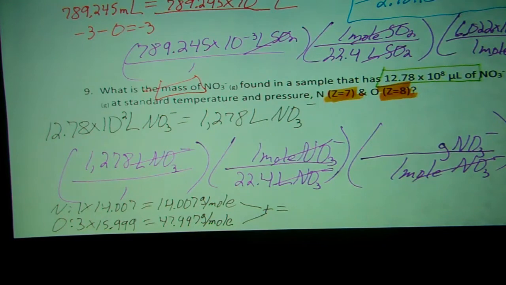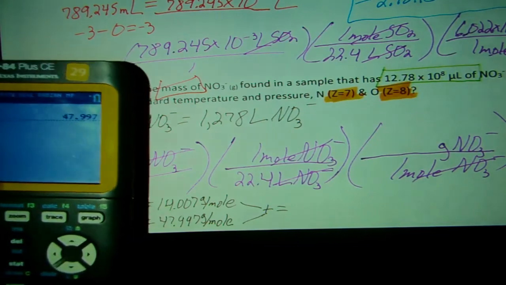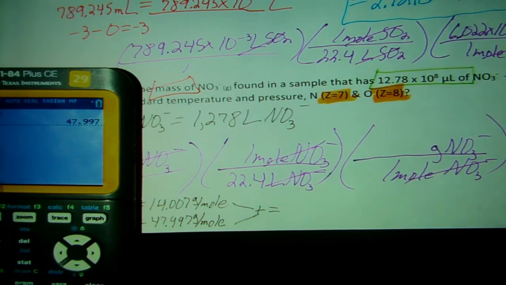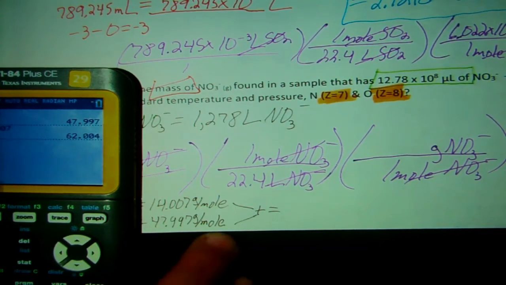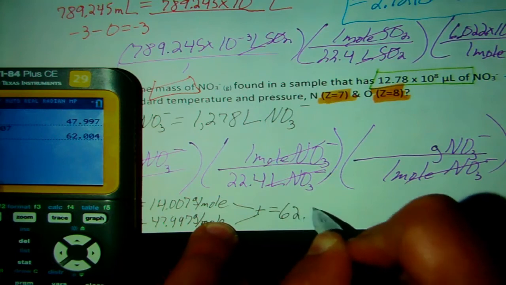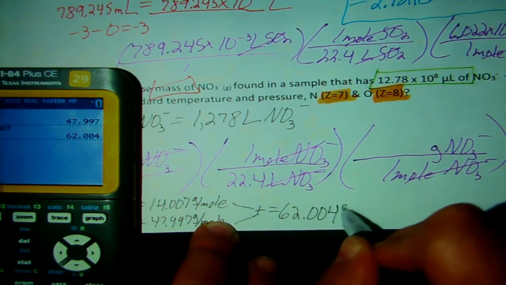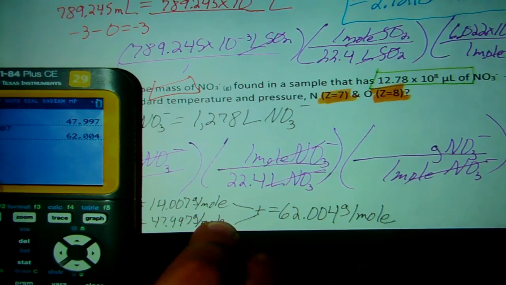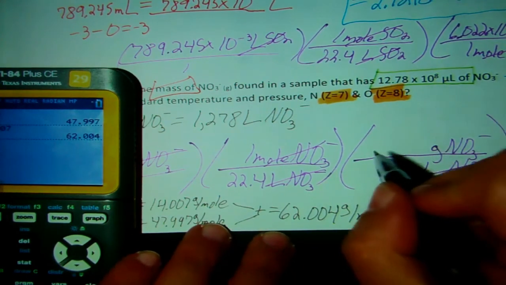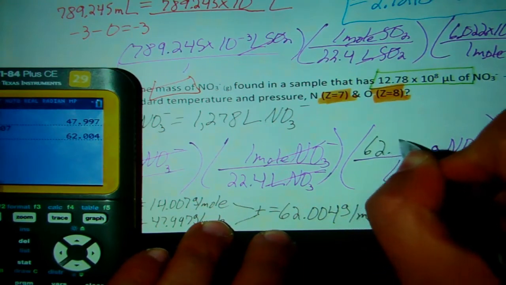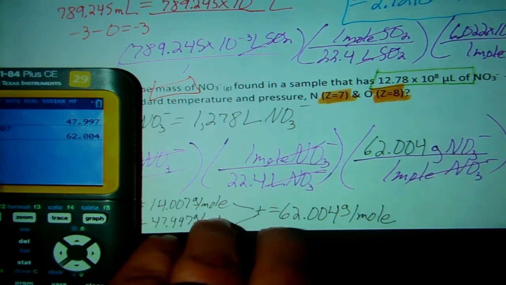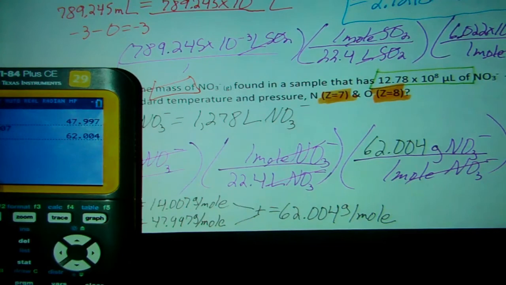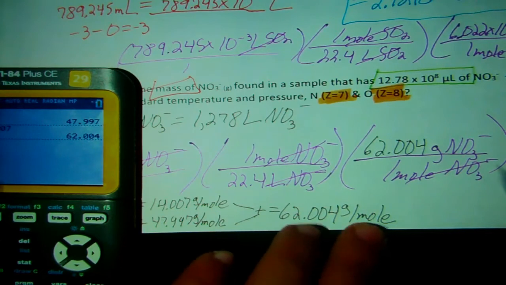So 47.997, and I'm just going to add 14.007 to that to give me 62.004 grams per mole. And so in this, that number goes right there at 62.004 grams of nitrate.